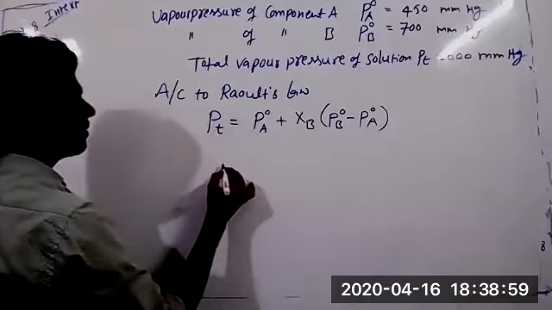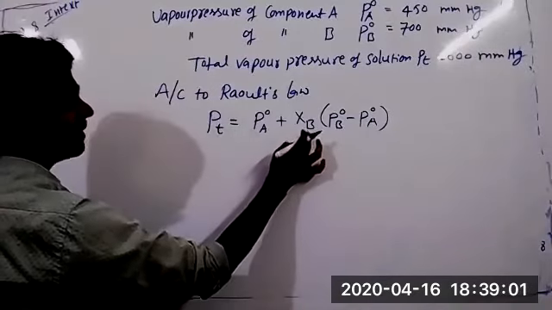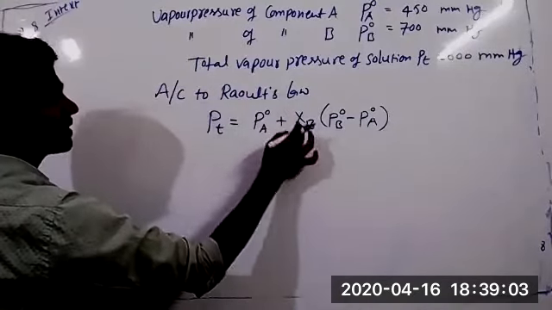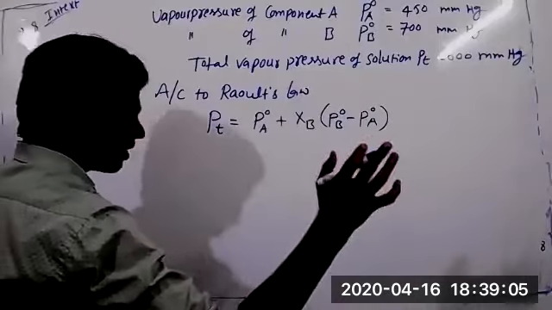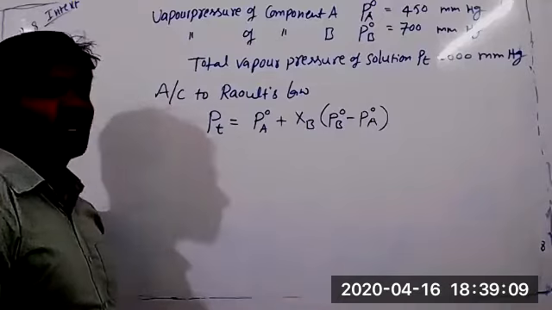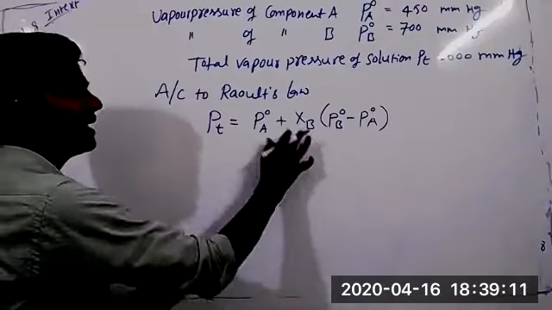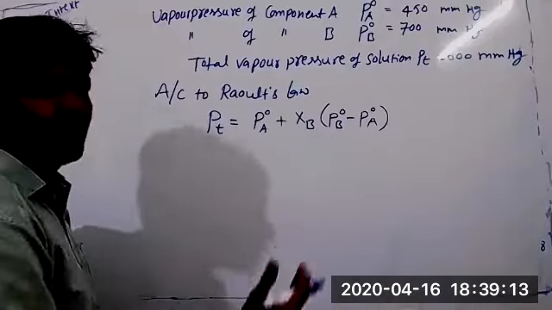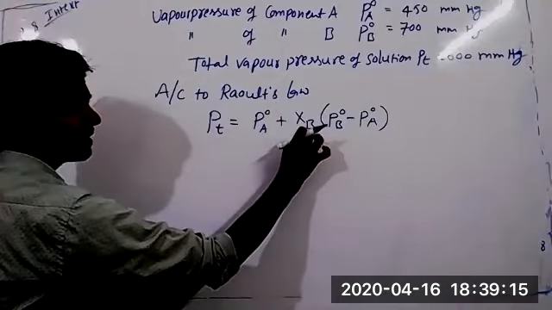Good. Now we have to calculate mole fraction. Here it asks to calculate the composition of components in liquid phase and in vapor phase, meaning their mole fractions in liquid phase and vapor phase.